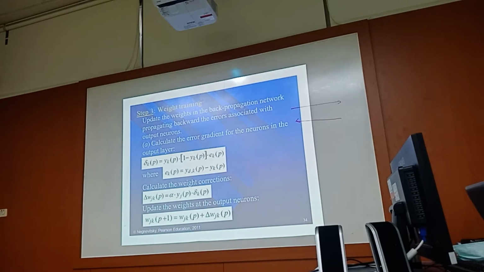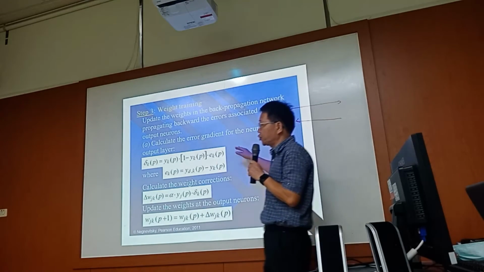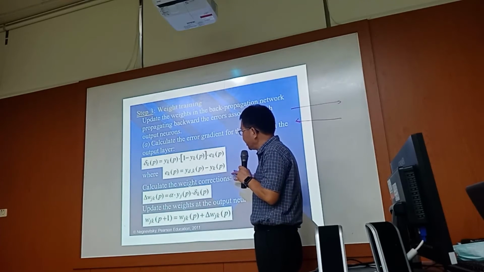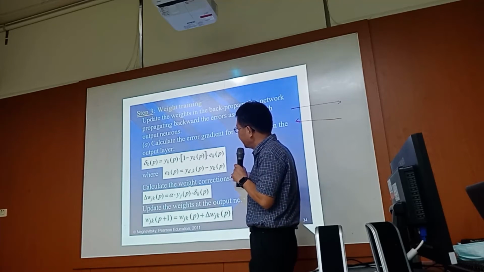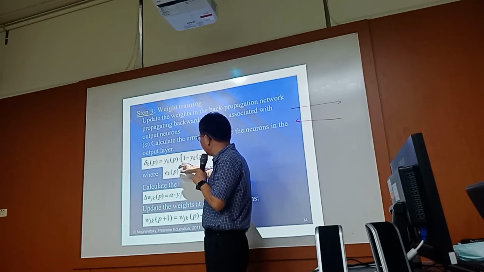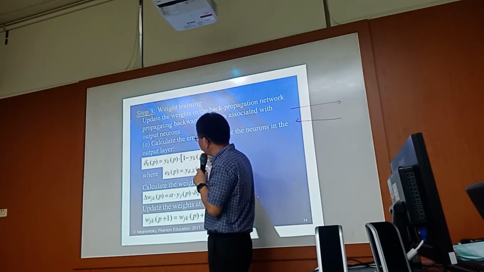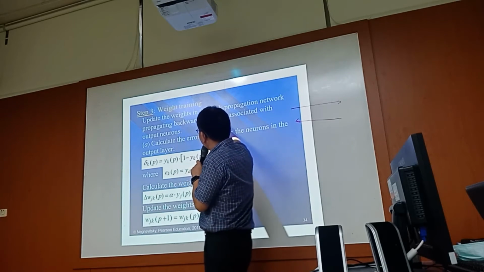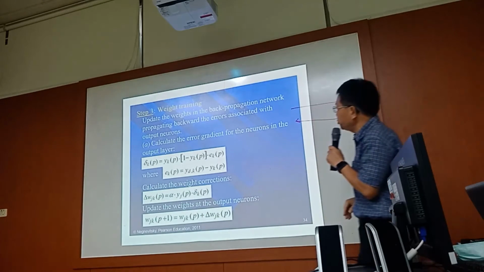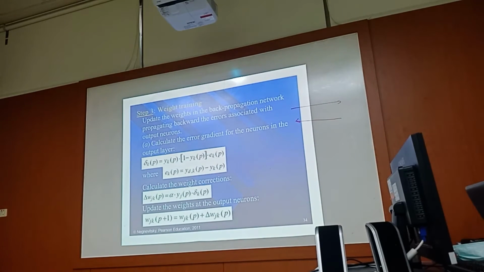And then what is more complicated is the weight training. Like previously, we update the weights in the backpropagation neural network by propagating back the error associated with the output neuron.